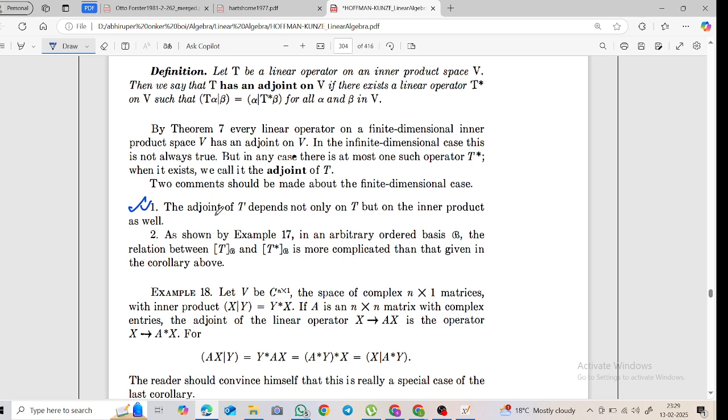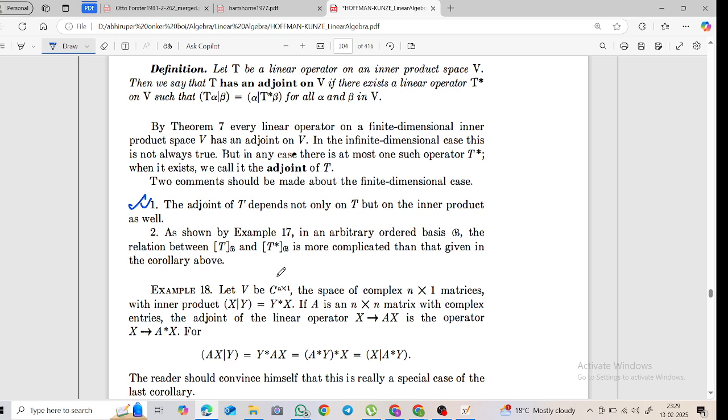The adjoint of T, you realize, depends on the inner product given on the vector space as well.